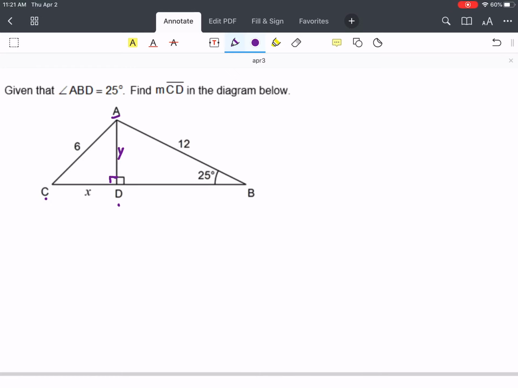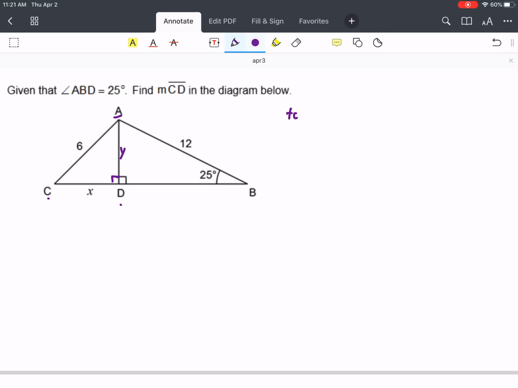So let's say, to find AD, which we've called y, we are just going to look at this right-hand triangle. It's got a hypotenuse of 12. It has an acute angle of 25 degrees, and it's got side length y.